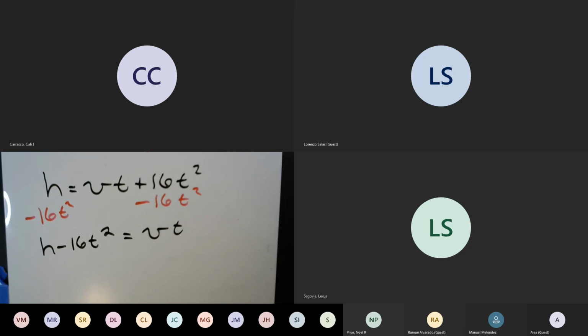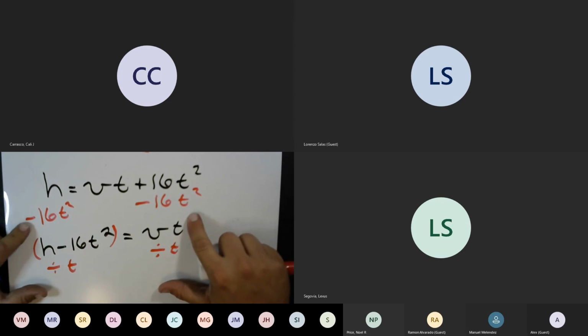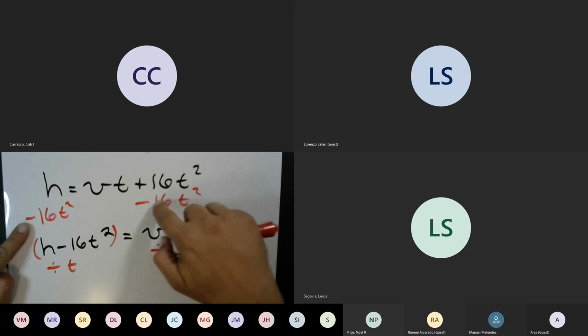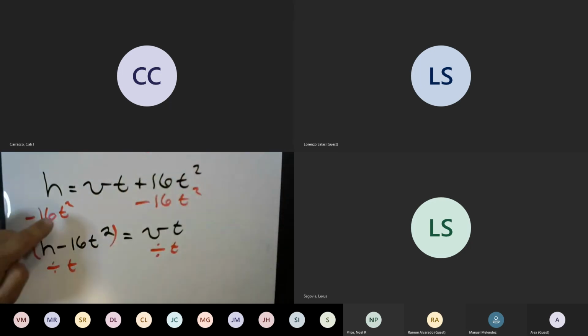Next, the thing to do is divide both sides by T. Now we're dividing the entire side by T. And when we do the subtraction of the 16T squared, we're actually subtracting 16T squared from this entire side and also from this entire side.